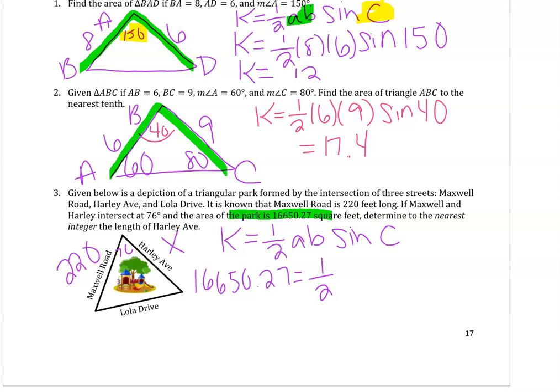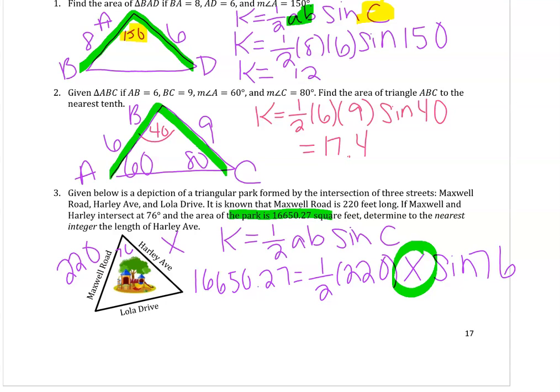I know one of the sides, which is 220. The other side I'm going to call x, and we know the included angle is 76. All right, so we need to solve for x.